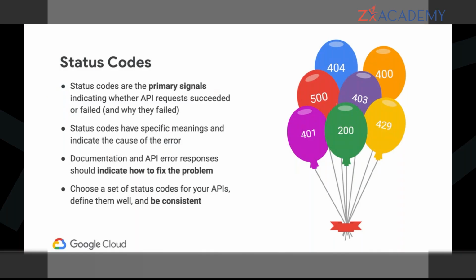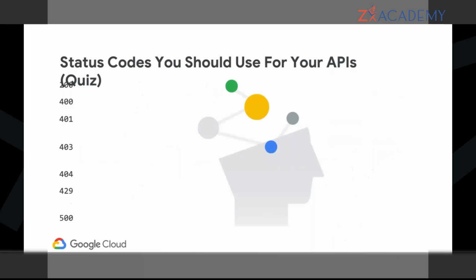Whatever status codes we have selected, we support them and implement them. This decision about which status codes to use is taken at a very early stage. It is not something you keep changing after implementation. That is not an ideal scenario, and it is not good either.